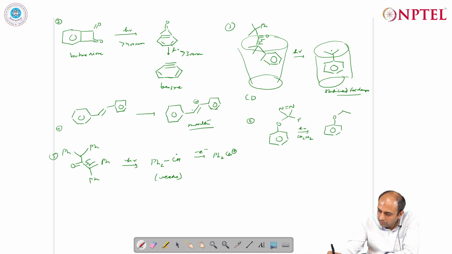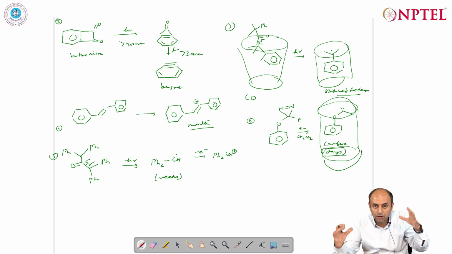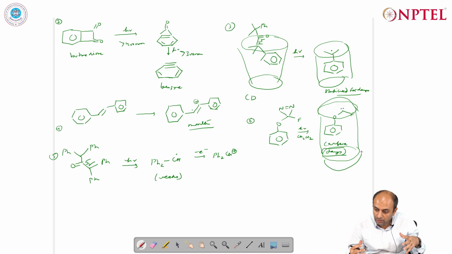It forms this particular species, a carbene, which can be stabilized for days inside the hemicarcerand. So we have to keep in mind that all these are being done in the presence of a host, and this association inside this cavity stabilizes these reactive intermediates.